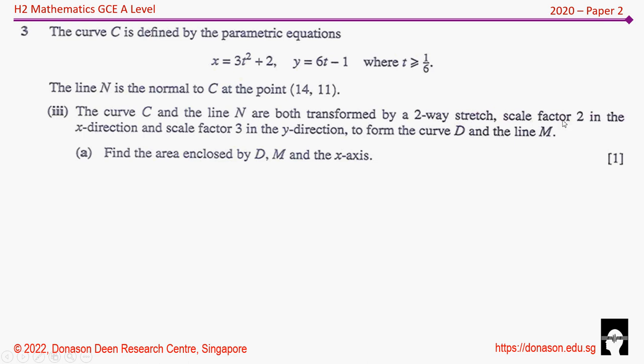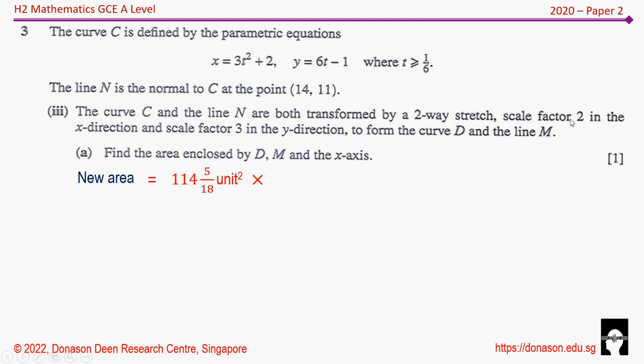So of course, if you stretch along the x-axis by a factor of 2, the area is going to double, and if you stretch along the y-axis by a factor of 3, it's going to triple, right? So all that you need to do is, the new area would be the old area that we just calculated between the curve, the normal and the x-axis, which was 114 and 5/18 unit squared.